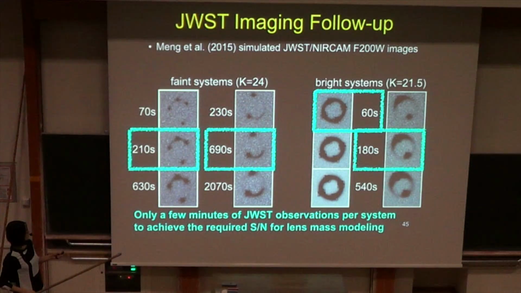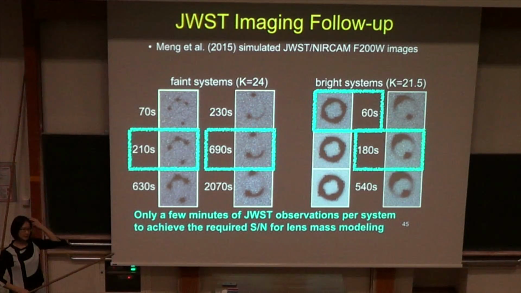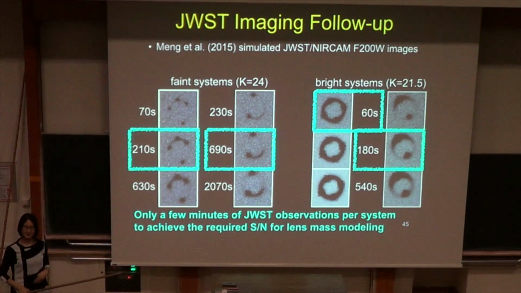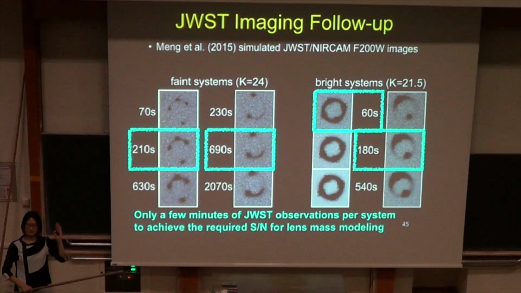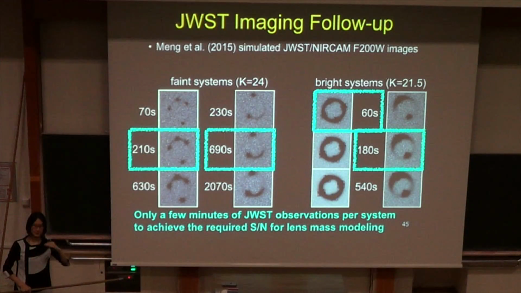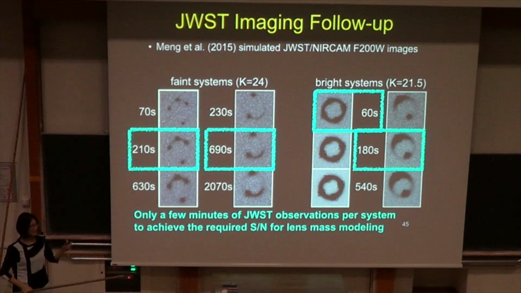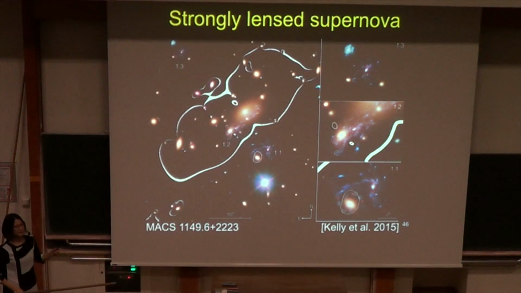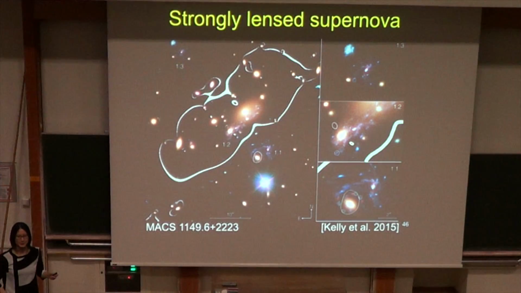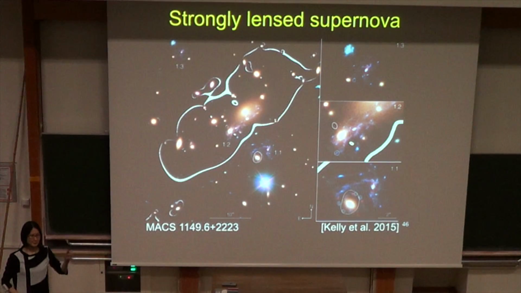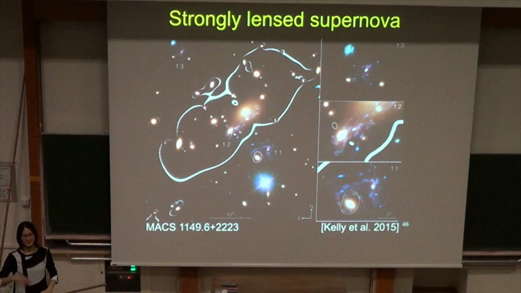Until now, for time delay cosmography, I focused on lensed quasars, because these are the ones where the quasar light is changing over time. But in principle, for any source that changes over time, you can measure time delays. And a really exciting one is a strongly lensed supernova. Supernovae are very rare. Strong lensing is also rare.